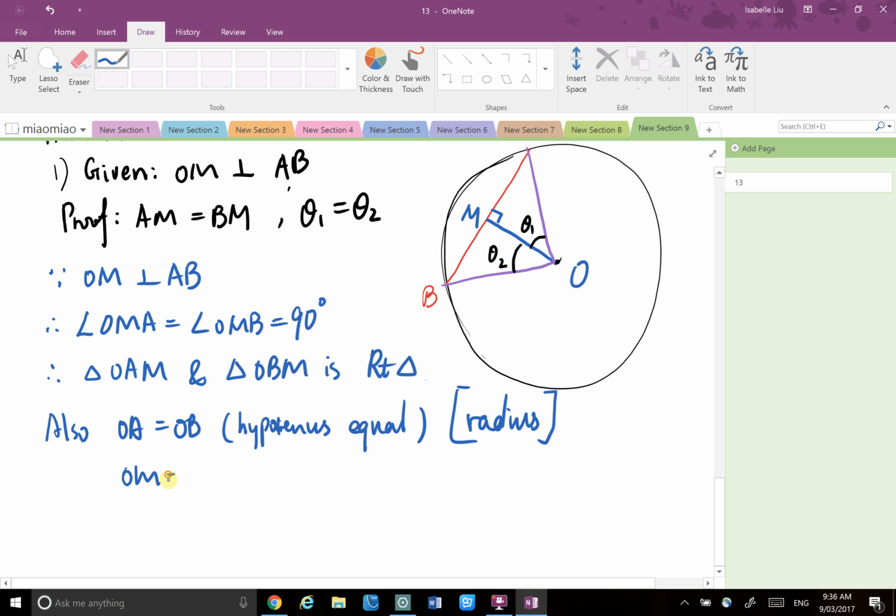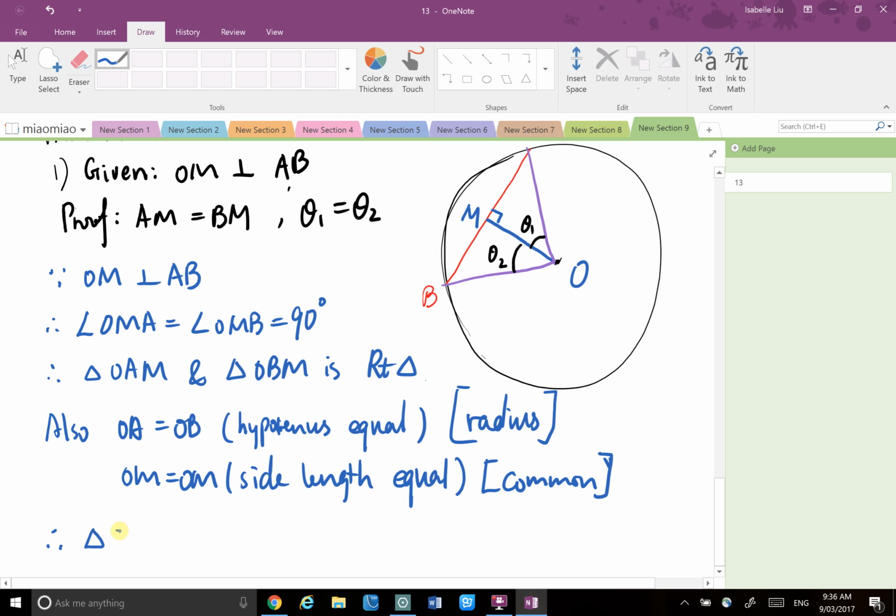And OM equals OM, that's the side length equal, because that's the common side. It's in OAM, and it's also in OBM. So we have hypotenuse equal, side length equal, and a right angle.